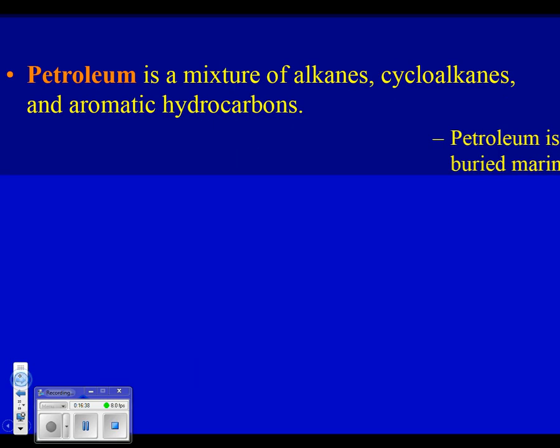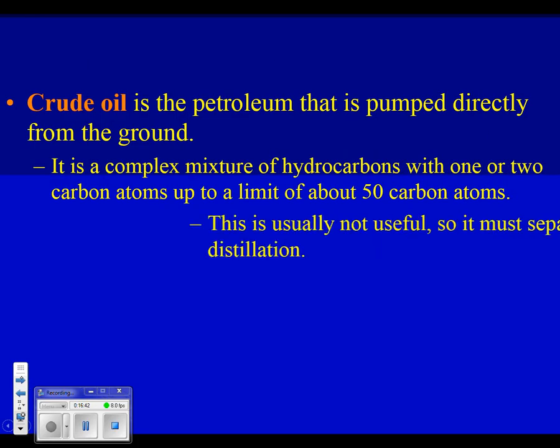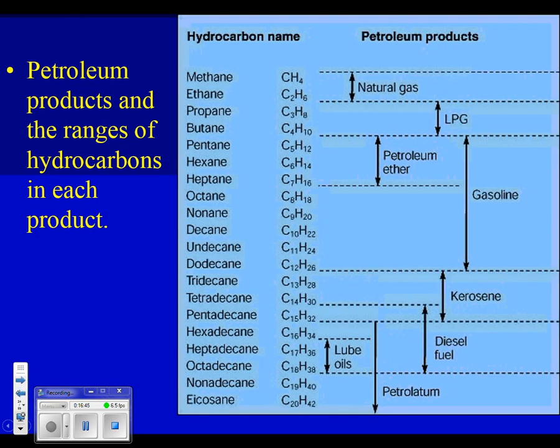So petroleum here, I'm not going to worry about that. Petroleum, crude oil. Okay, let's go back here. This is what I was telling you about the different kinds of fuels. As we start with methane and get heavier and heavier, we get to a liquid, we get to kerosene, then oils, and then waxes.